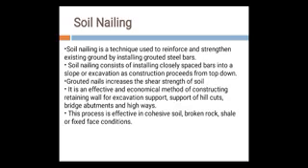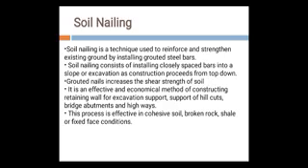If you are doing retaining wall construction, there will be an excavation, and so that it does not fall into the construction site, soil nailing should be there. To support hill cuts also we have to provide soil nailing. This process is effective in cohesive soil, broken rocks, shale or fixed face conditions.